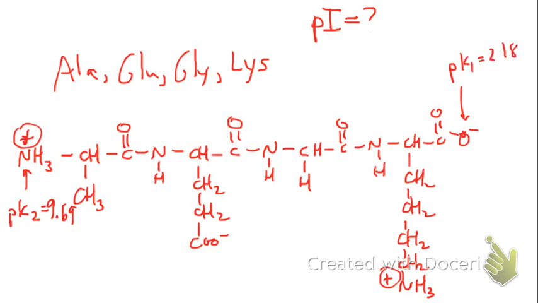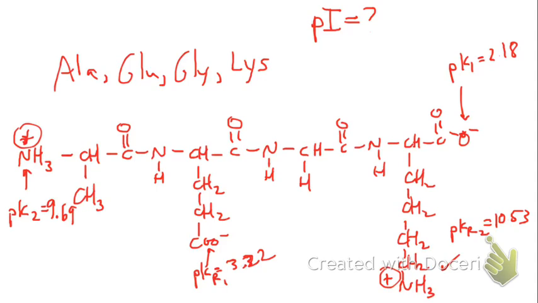It's 2.18. This right here, since it's in our R group, is a little bit bigger at 3.22, and we'll call it pKr1. And then this proton, we'll call it pKr2, is 10.53.